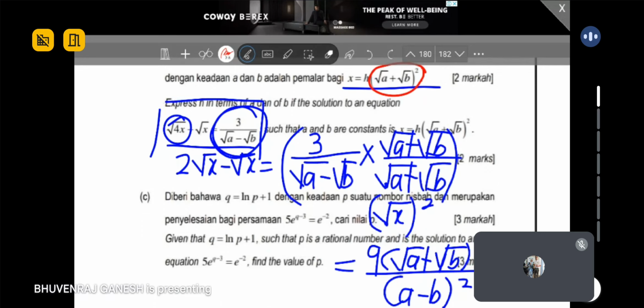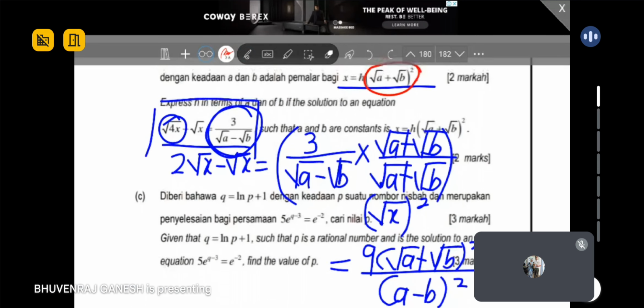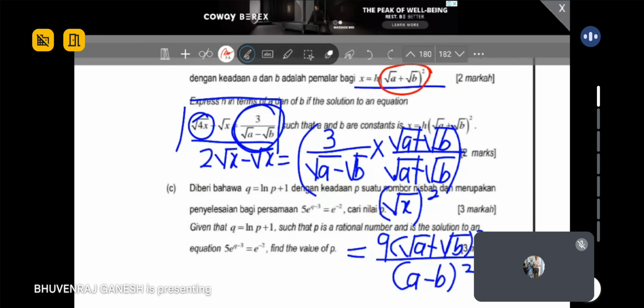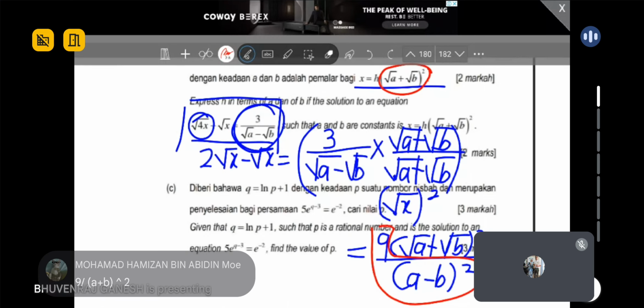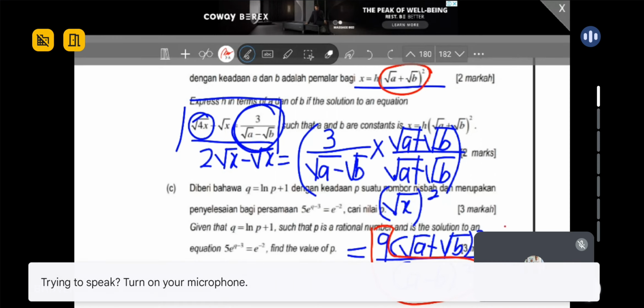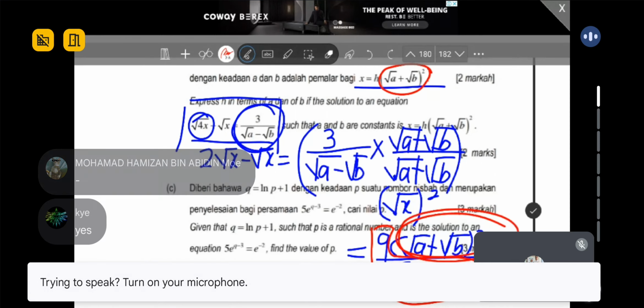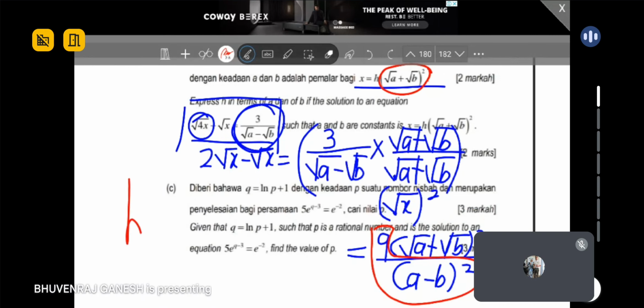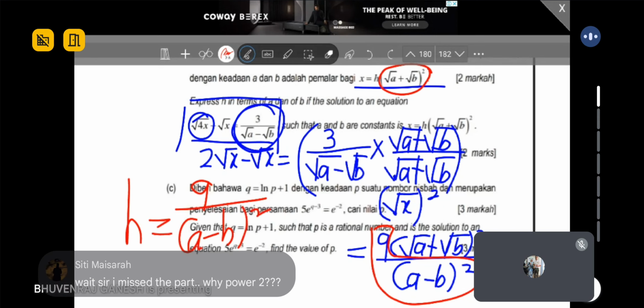Your H is this whole thing: 9 over A minus B, the whole thing squared. The question only gives this part, so you take the other as your H. So your answer is H equal to 9 over A minus B squared.